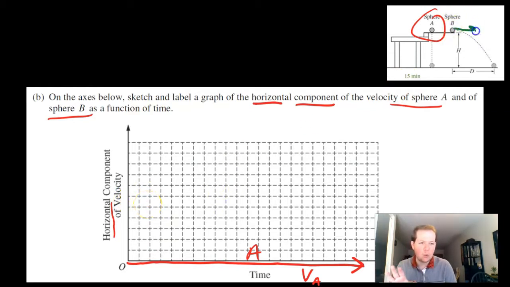B has some horizontal velocity. So it's not 0, it's some value. It just says sketch. Sketch means make a rough sketch. You're not plotting numbers. So make a rough sketch. Maybe I'll choose right here. It doesn't really matter. It should have some constant, not changing horizontal velocity. Or maybe I put B like this, one of those two. Okay, yeah, that makes sense to me.